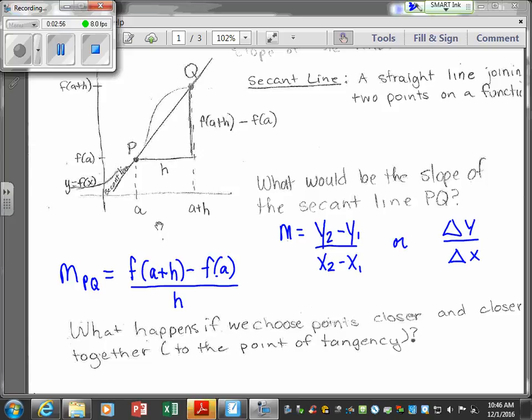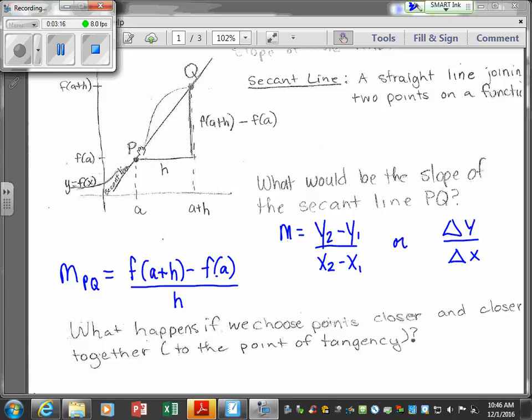So now I'm going to ask you, what happens if we choose our points closer and closer together, basically to the point of tangency? If I have point P, and let's say I have point Q, what if I move point Q closer to here? Then I have a new secant line. And what if I move point Q here, and I have a new secant line?